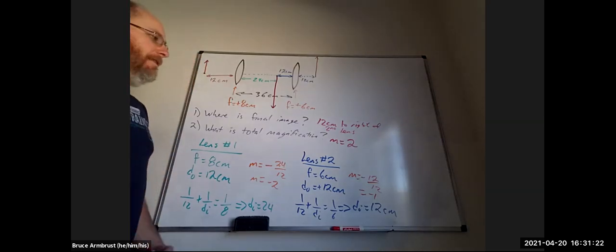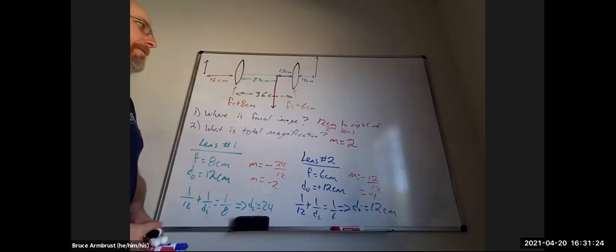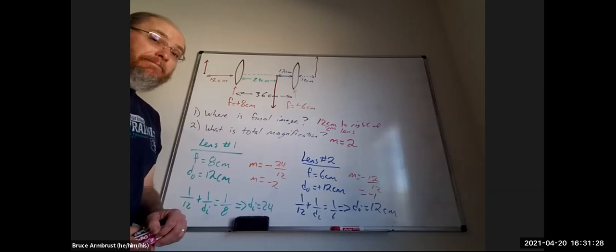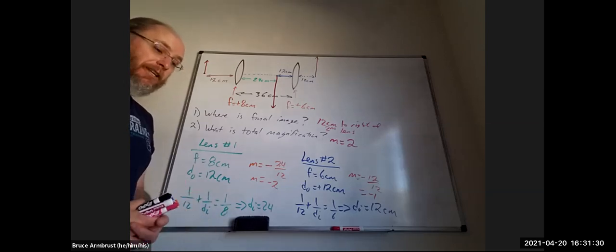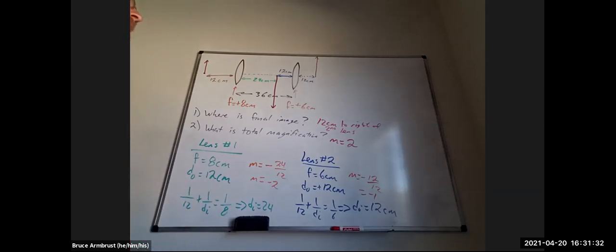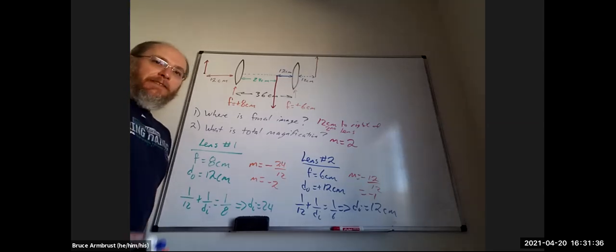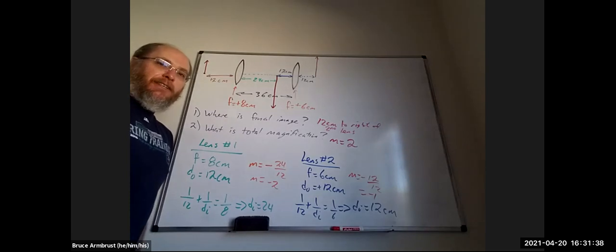All right, so in this case, it just doubles it. So it looks exactly the same, just twice as big, same orientation and everything. And the net result is a real image, which means we could actually project it on a screen.